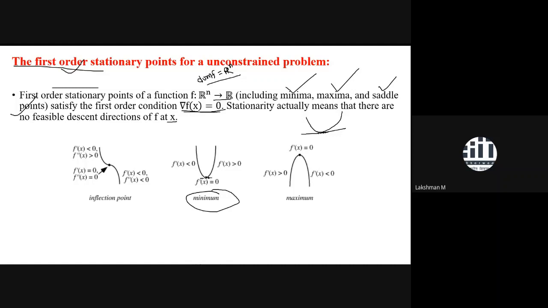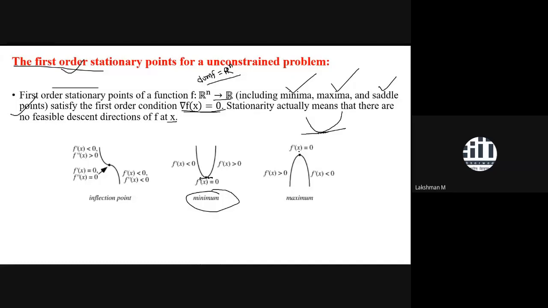If you go away from this point towards the right, you observe that the function value is increasing. Also, if you go towards the left from this point x, again you observe that the function value is increasing. That's why this point is a local minimum.